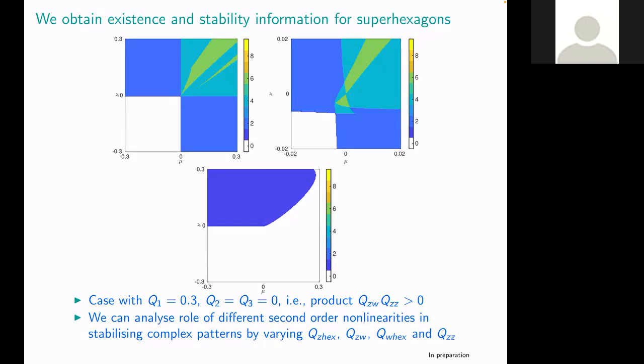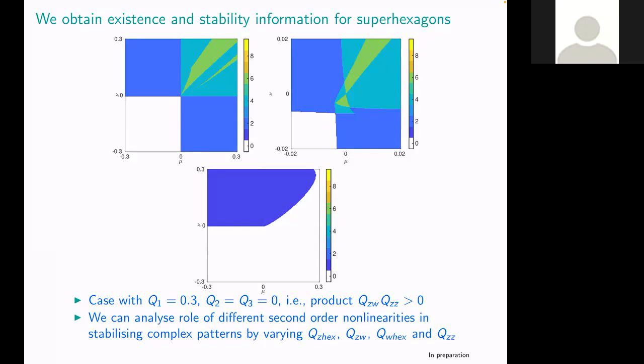In this case, we see on the top left panel existence diagrams. For a chosen combination of parameters mu and nu, the color indicates the number of real finite solutions that we find, all of which have the same symmetry. So there is not just one superhexagon, there are 2 or 4 or 6 superhexagons possible at the same parameters.